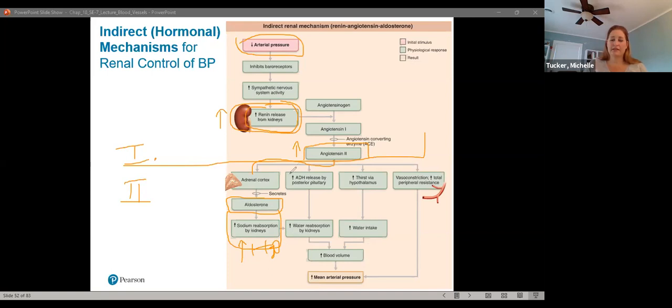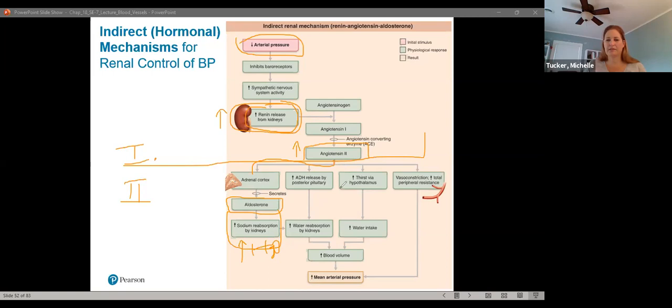This effect is a little less strong, but it definitely happens a lot. Angiotensin II causes the posterior pituitary to secrete more ADH, which also increases water reabsorption by the kidneys. It affects the number of water channels that are available, and it's going to increase water reabsorption.